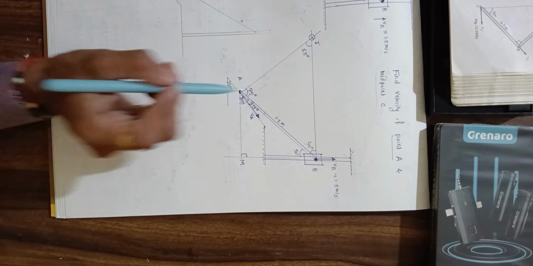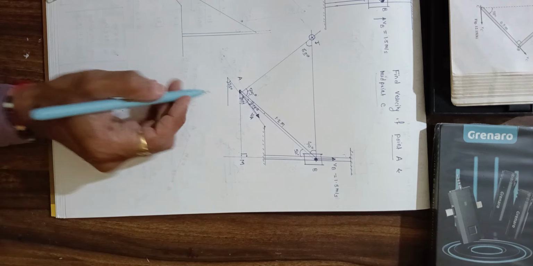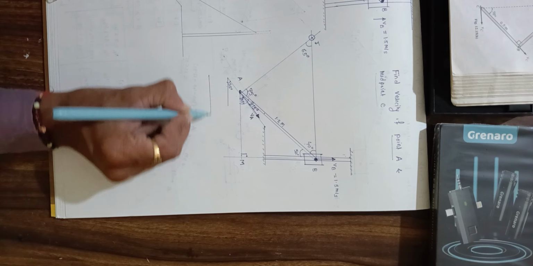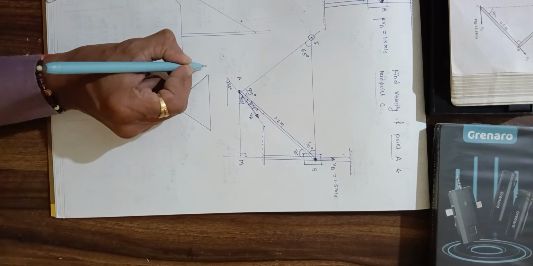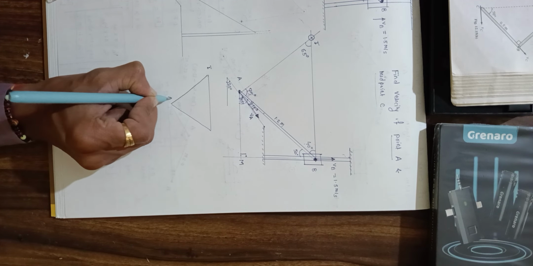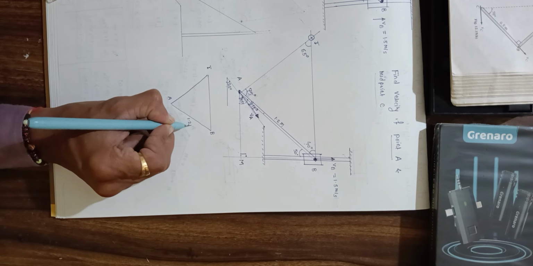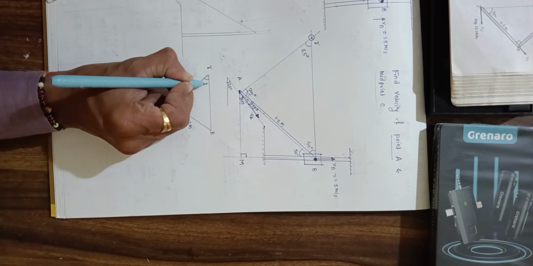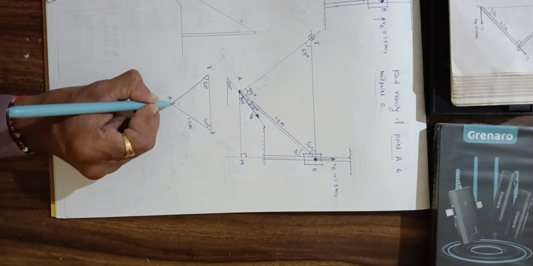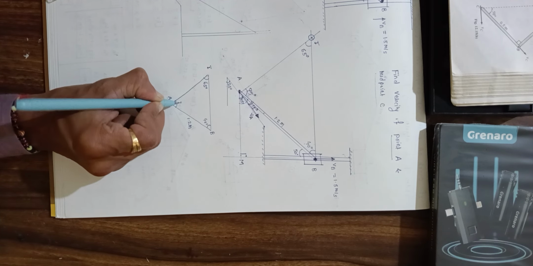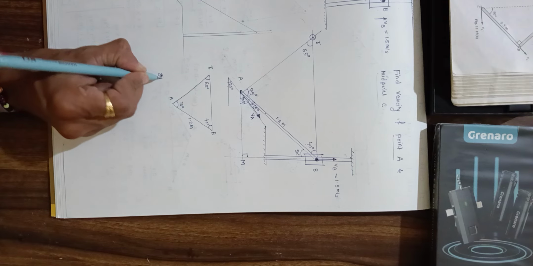Now our aim is to find distance BI and distance AI. So consider the triangle AIB. This side is 1.2 meter, this angle is 65 degree, this angle is 40 degree, and this angle is 75 degree. Now use the sine rule.